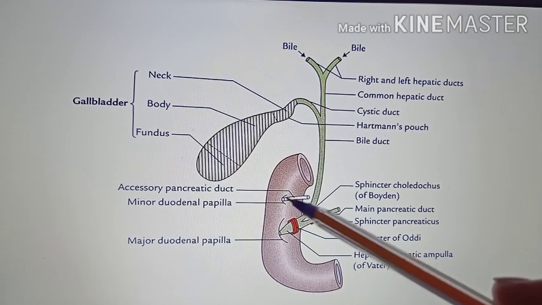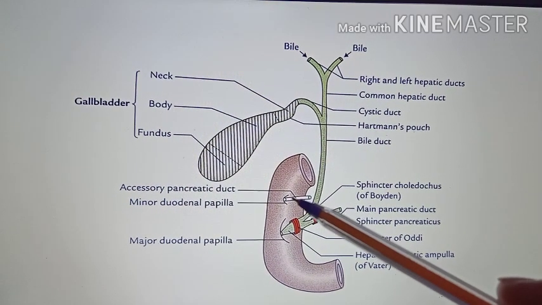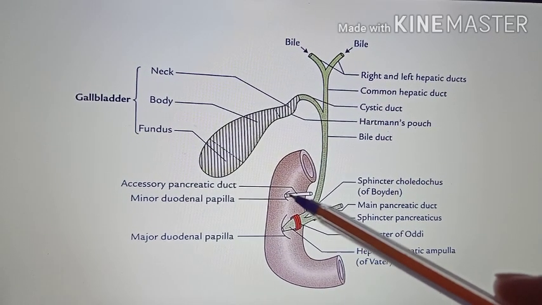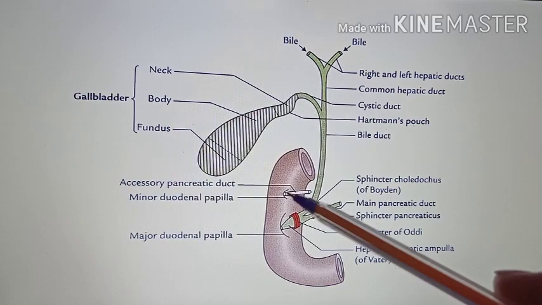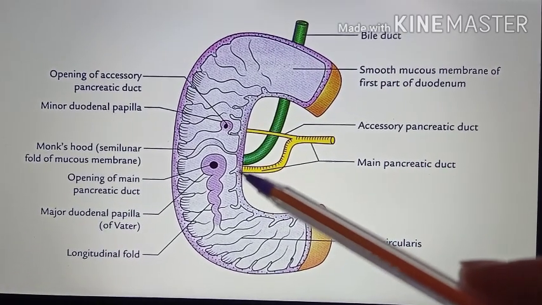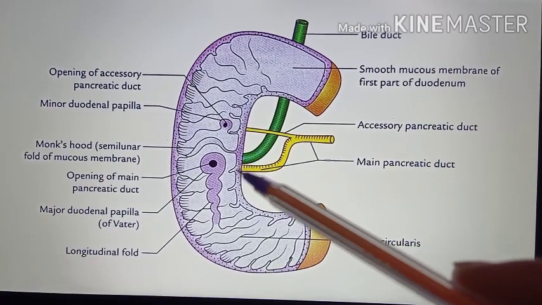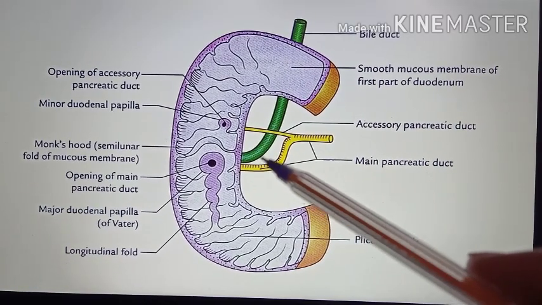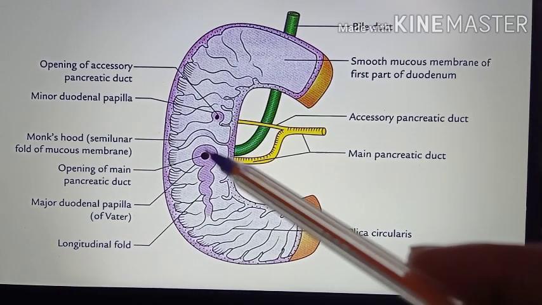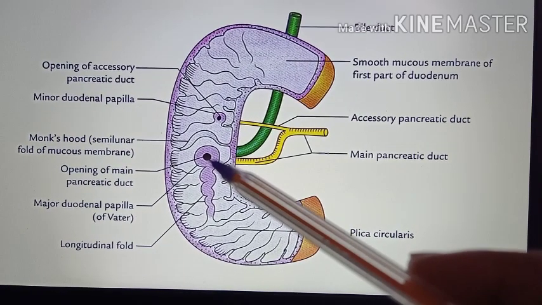Also you can see one more duct, the accessory pancreatic duct, which opens into the minor duodenal papilla. So now you know the hepatopancreatic ampulla is formed by the joining of the bile duct with the main pancreatic duct, and it opens into the major duodenal papilla.